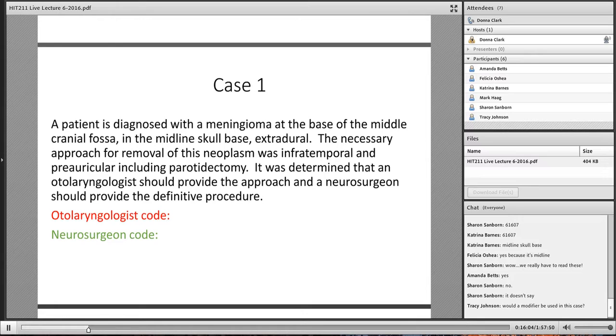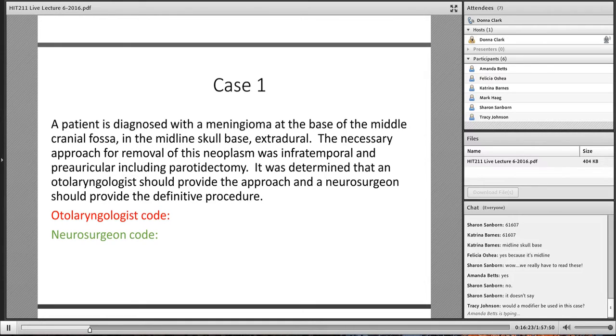You're not going to use any modifiers in this particular case. This procedure is common for multiple surgeons, which is already inclusive, and most of the time you're going to have them doing separate stages of the procedure.